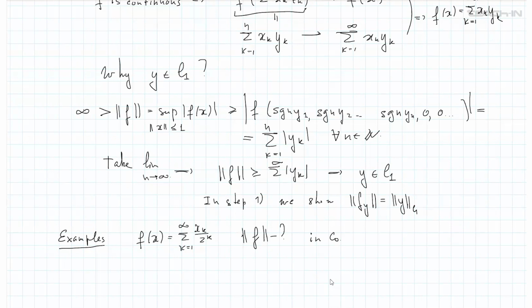By theorem, we can see that yk equals 1 over 2 powered k. So the norm of the functional is just this sum, and we have the answer 1.